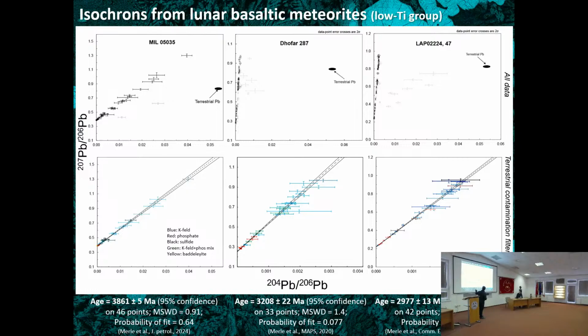And you can see for this sample, we have just two data trending towards the composition of terrestrial lead. In this one, we see this nice trend of data towards the composition of terrestrial lead. These data are definitely contaminated by terrestrial lead. So we have to remove this data.